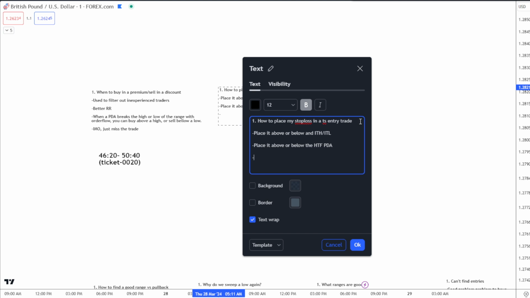I use the CSD stop loss or intermediate term high or low, but sometimes there isn't one to the left of the chart.